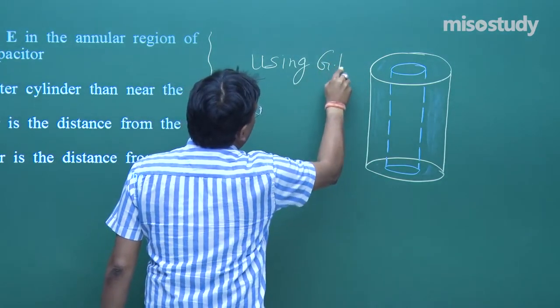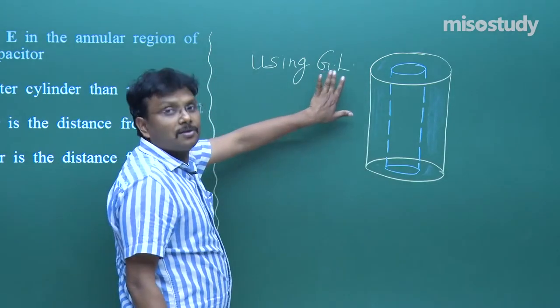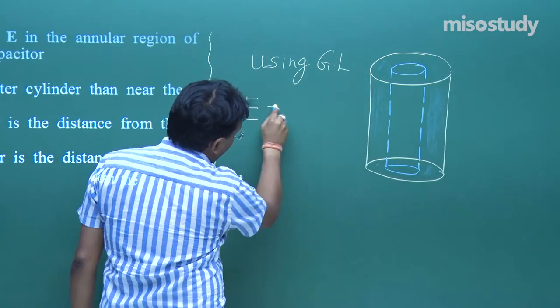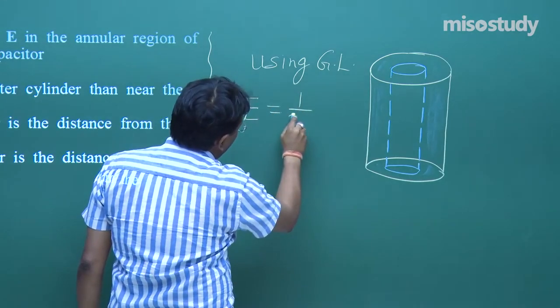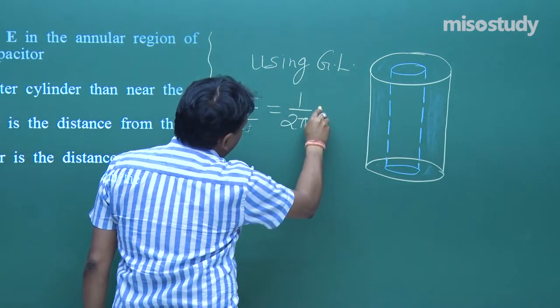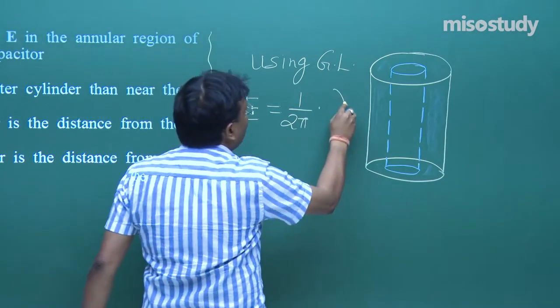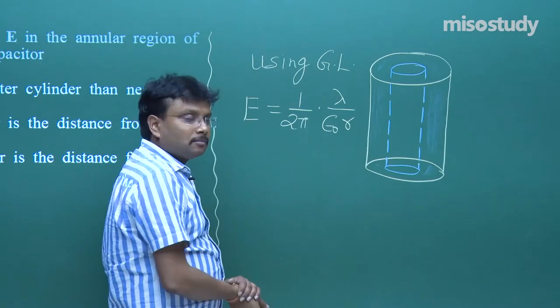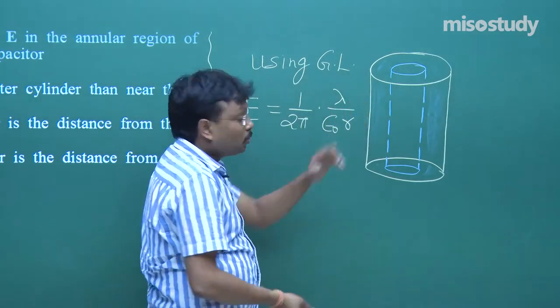Using Gauss's law, fine, E is equal to 1 upon 2 pi into lambda upon epsilon naught r. r is the radius of this zone.